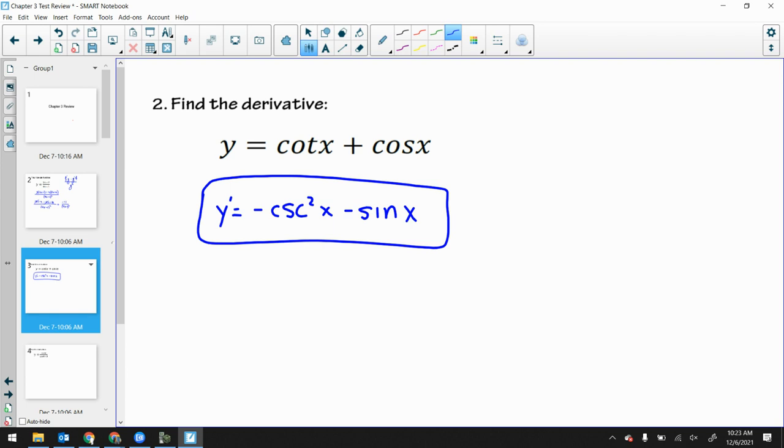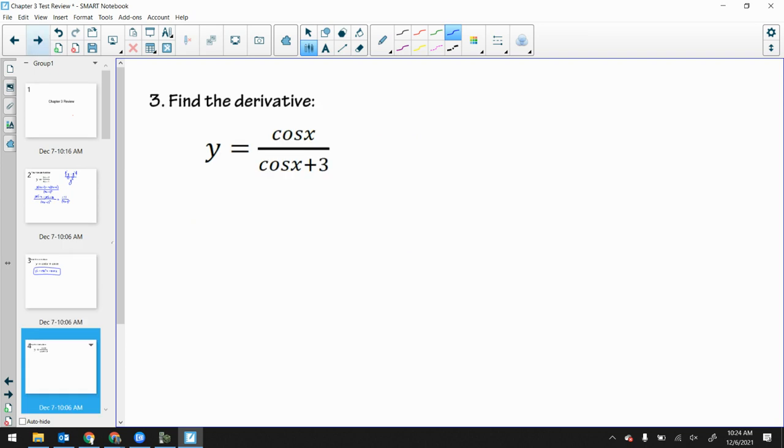All right. Let's keep it rolling. Number 3, find the derivative. Now, I've got to do some derivatives here with some trig and a quotient rule. So let's take a look. Okay, y prime is going to be f prime g. Okay, derivative of cosine, negative sine again, times the original bottom, minus the derivative of the bottom.